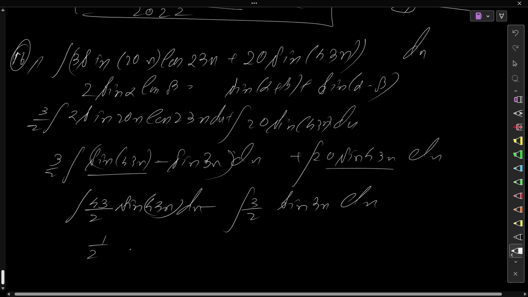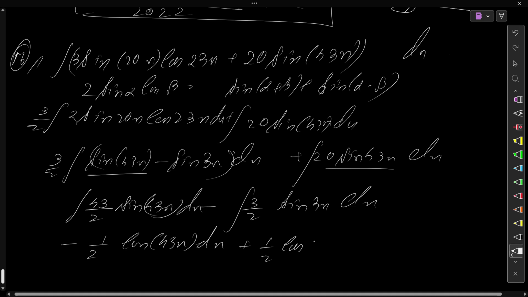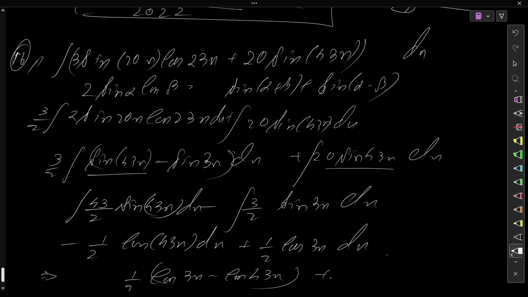So this will become 1 by 2 cos of 43x minus 1 by 3, so plus 1 by 2 cos of 3x dx. So this could be written as half of cos of 3x minus cos of 43x, plus c.